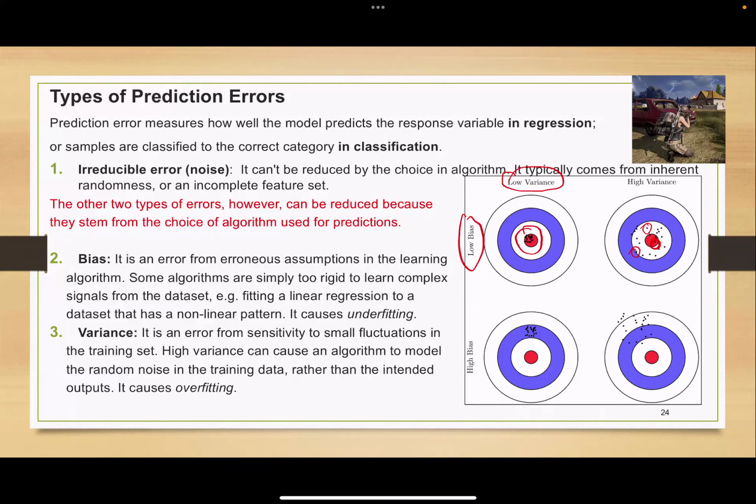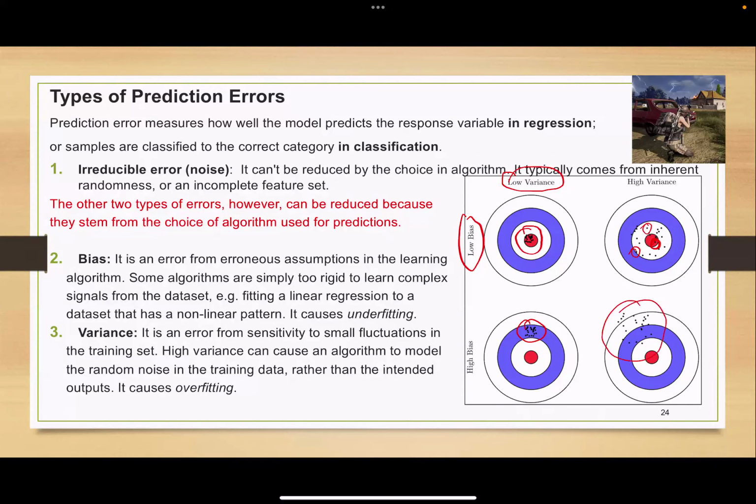And then when you have high bias and low variance, it means your performance is not good, but it's stable. So it's something like 你很菜，但是你菜的很稳定. So you have high bias and low variance. So this is kind of an example, okay?